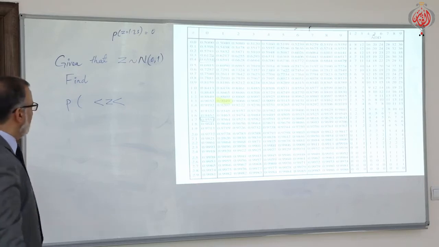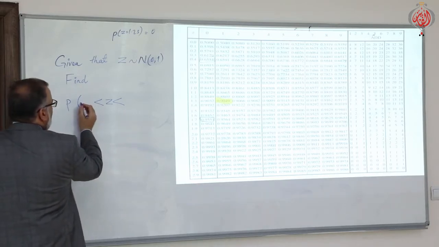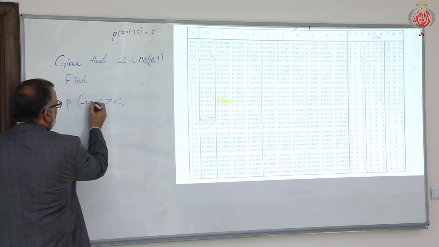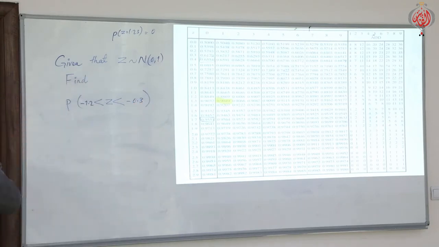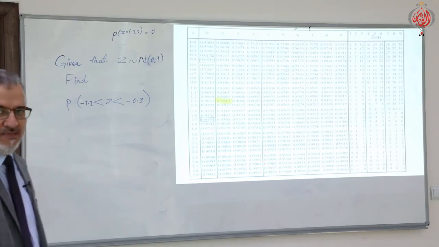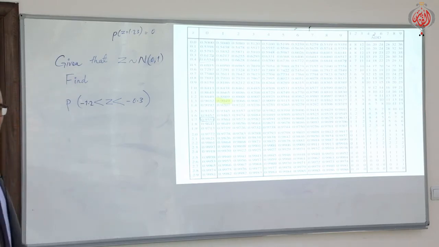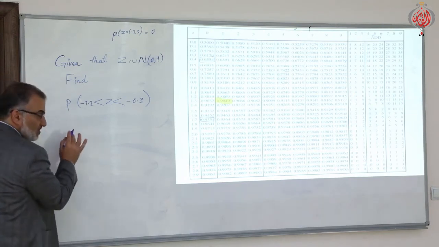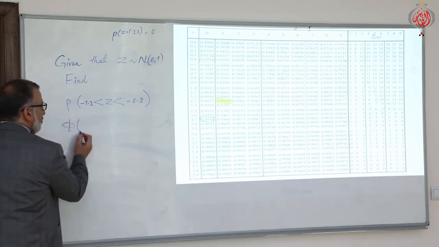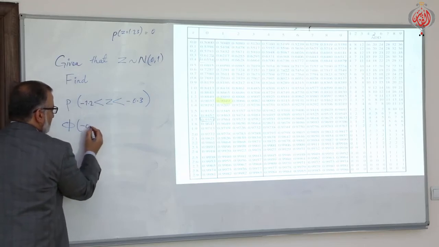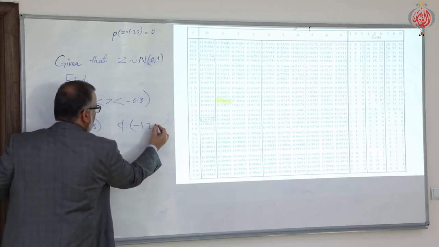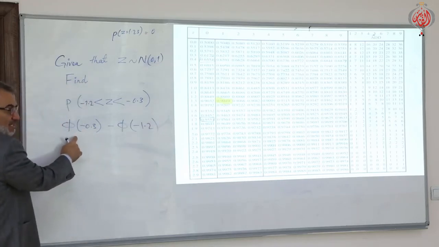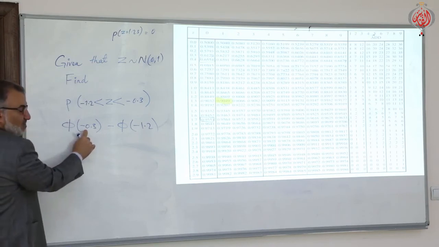Please pay attention. Now I'm dealing with negative values. How to find the probability? By calculations, you will say phi to the right minus phi to the left. Can I get it from the table? No, because this is negative.